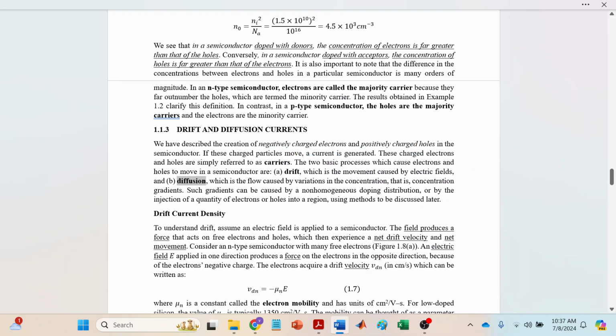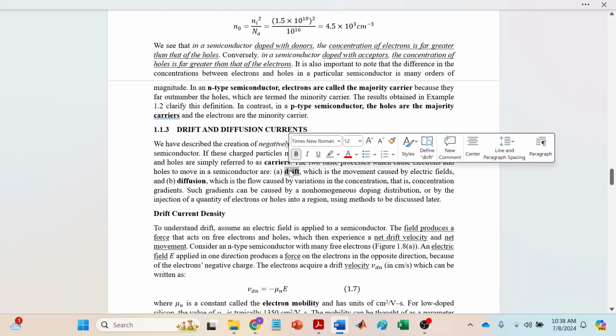So the charged carriers we've seen previously, which are the electrons and holes, are called carriers. And it is when those carriers move that current is generated. In the case of drift, current is generated as a result of electric field.